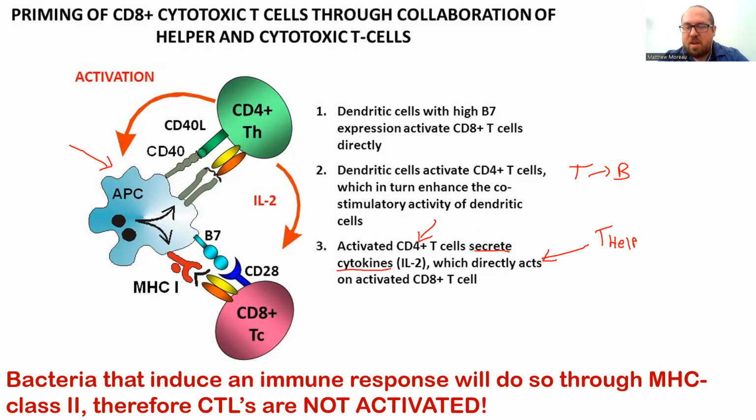That secretion of cytokines plays an important role in activating CD8 positive T cells, the other subtype of T cells, as well as enhancing other innate immune cells and their ability to function.